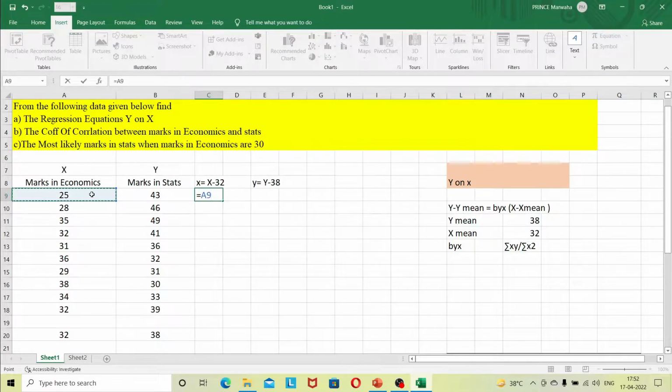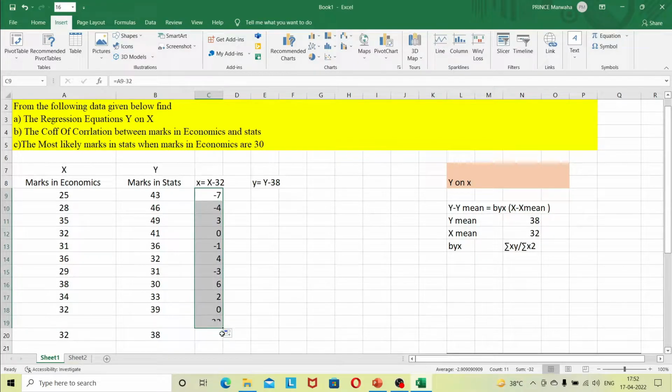The x variable is 25 and the mean is 32, which will remain the same. 25 minus 32 gives minus 7, and we can calculate the rest of the values here.